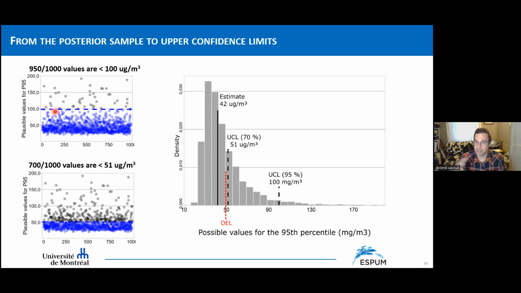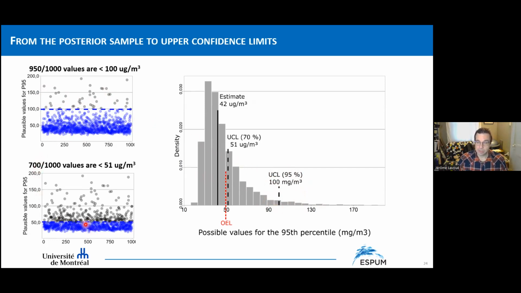I'm sorry for the sentence with 95, 95, but that's actually it. So you see, I have my posterior sample and I find a value that is greater than 95% of the rest. And this represents this upper confidence limit here. So I am 95% sure that the true 95th percentile is below 100 micrograms per cubic meter.